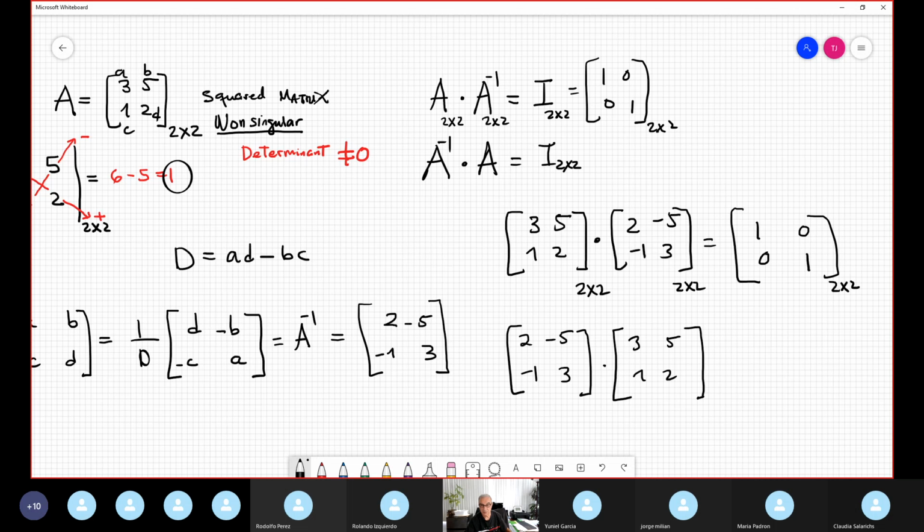And multiplication again. 2 by 2, 2 by 2, everything is 2 by 2. 6 and -5, 1. 10 and -10 is 0. -3 and positive 3 is 0. And -5 and 6 is 1. Boom, exactly the same. Identity.